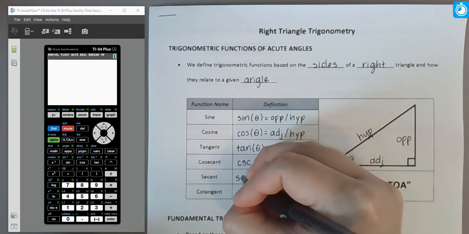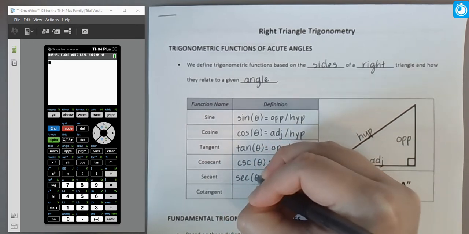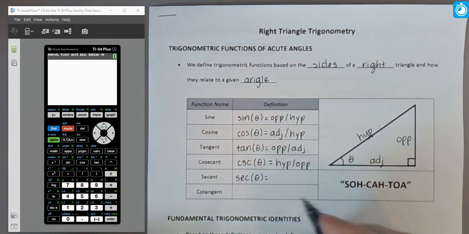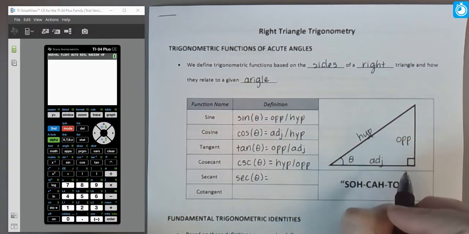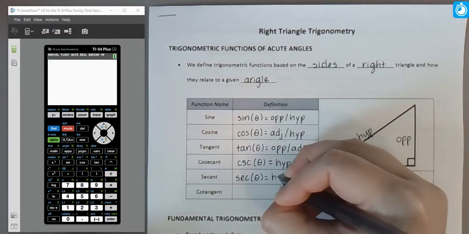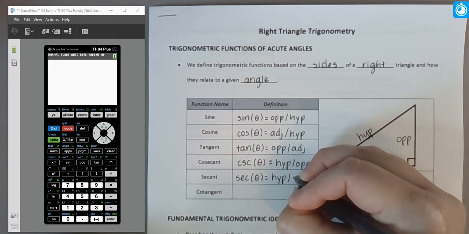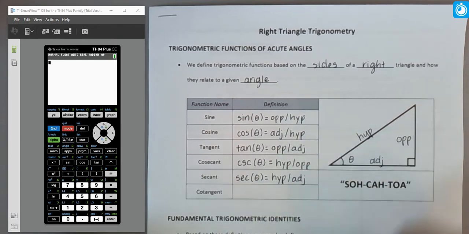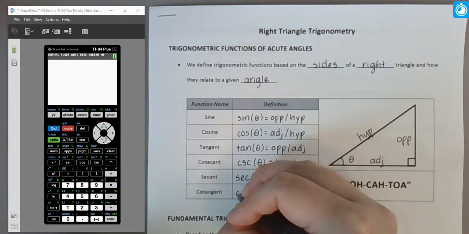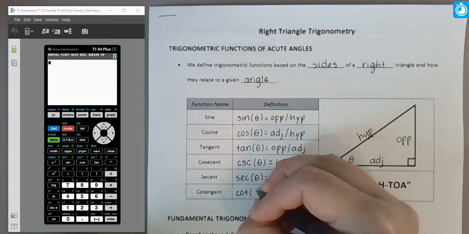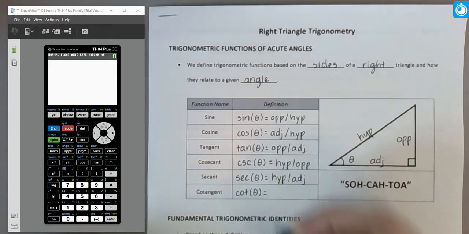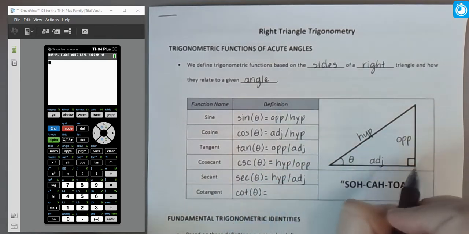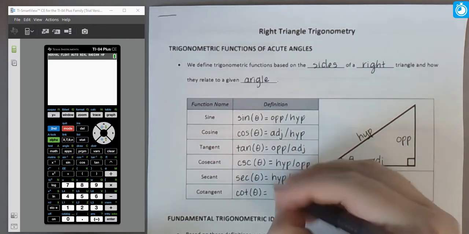Secant of theta is defined as the hypotenuse over the adjacent. And then the cotangent of theta, which we'll abbreviate COT, is defined as the adjacent over the opposite side.